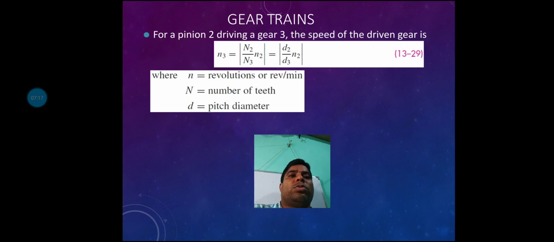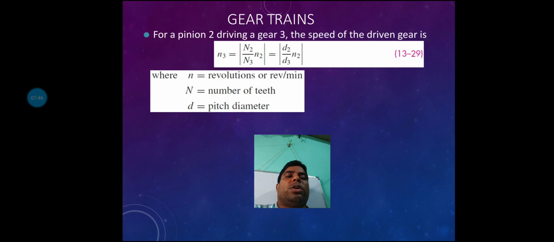Suppose a pinion 2 is driving a gear 3. The speed of the driven gear, small n3, is equal to N2 by N3 into n2, where capital N is the number of teeth, small n is the revolutions per minute, and D is the pitch diameter.